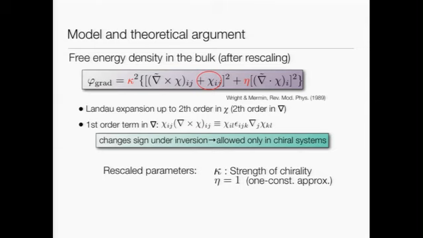And so in this rescaled form, we have two rescaled parameters. One is the elastic constant, but this is also regarded as the strength of chirality, and the other one, eta, is just for simplicity set to unity, and this corresponds to the so-called one constant approximation.